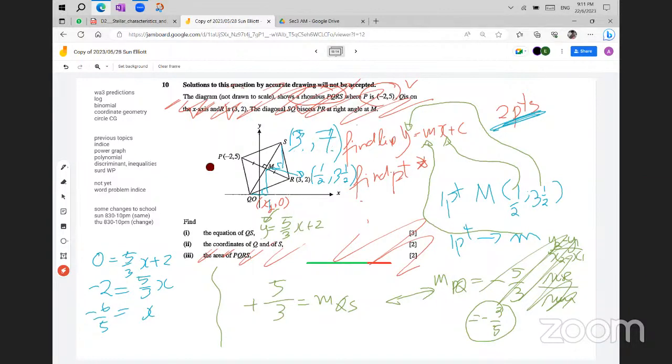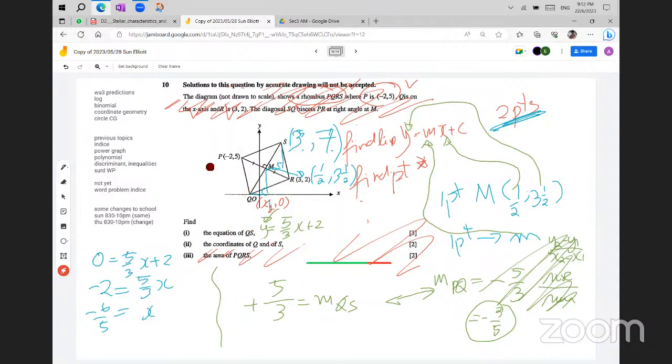Come on, Elliot. How did you find QS in the previous question? How did you find equation QS? You forgot already, is it?